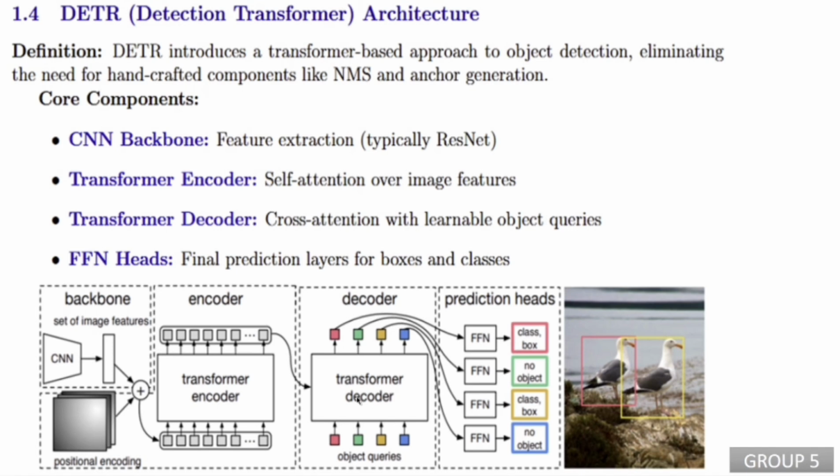While DETR's design is elegant, early versions had a drawback: slow convergence, requiring more epochs to train compared to traditional models. To address this, follow-up models like Deformable DETR introduced deformable attention mechanisms to speed up training and improve accuracy on small objects.